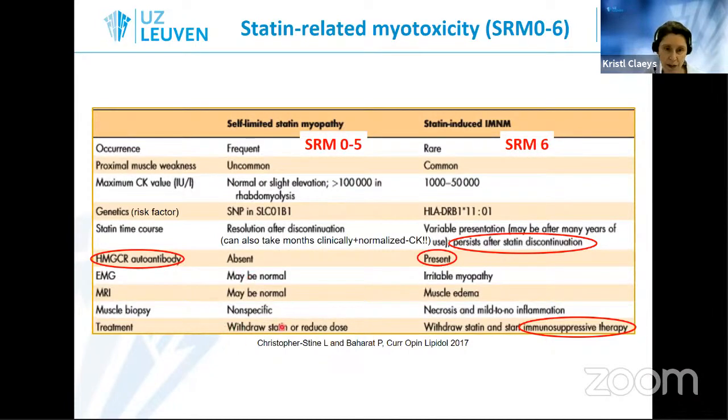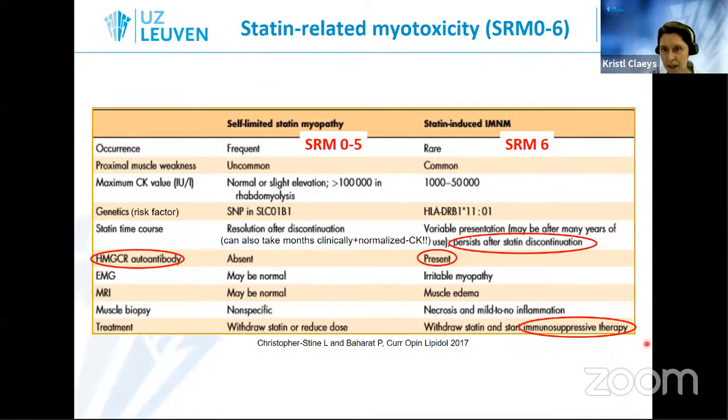Muscle biopsy will be non-specific in the self-limiting forms, whereas in SRM6 it will show necrosis and either no inflammation or just a little bit of inflammation, but the necrosis is really most predominant. And treatment in the self-limiting forms is to stop the statin, whereas in SRM6, the autoimmune myopathy, you will have to stop the statin, but also start immunosuppressive therapy.